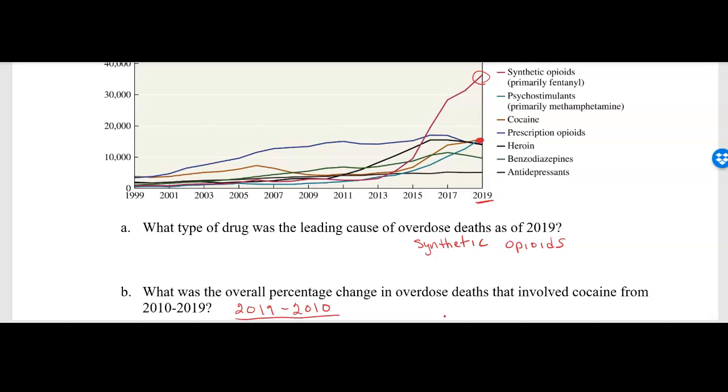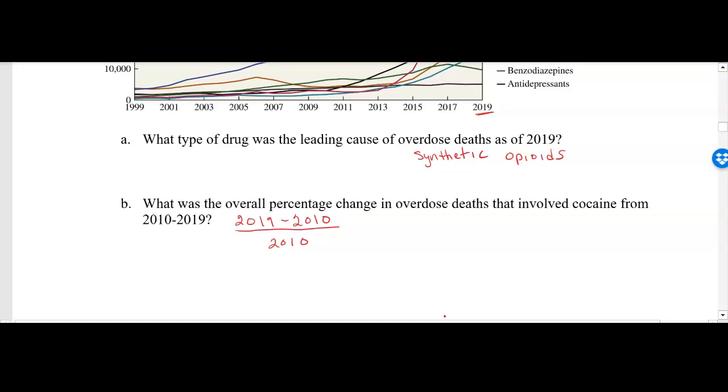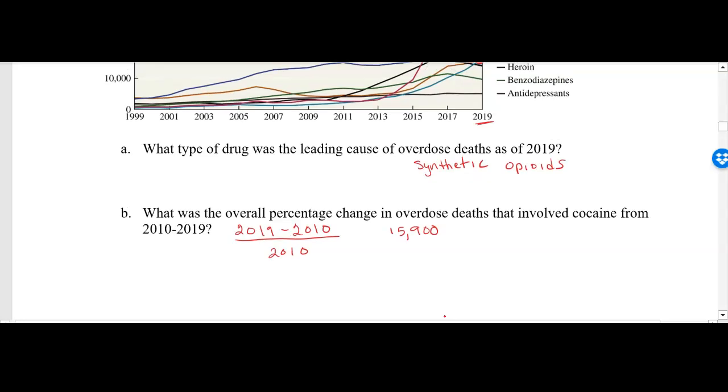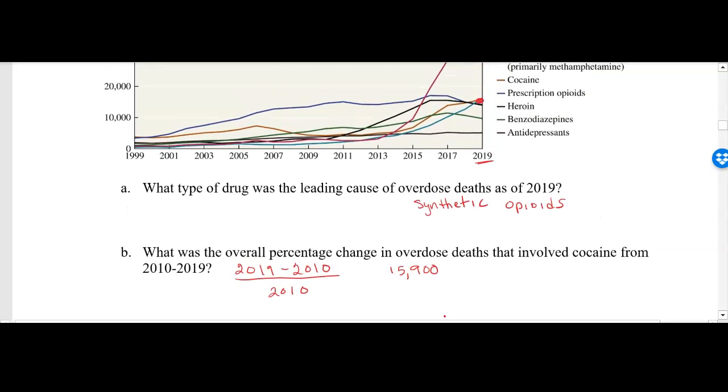This is where you're going to make some guesses. For example, I might say that looks like it's just under 16,000, so I'll say 15,900. You might have said 15,500. It just depends on where your eyes are seeing this. But to me, it looks like it's almost at the 16, but past the 15. That's going to be my guess.